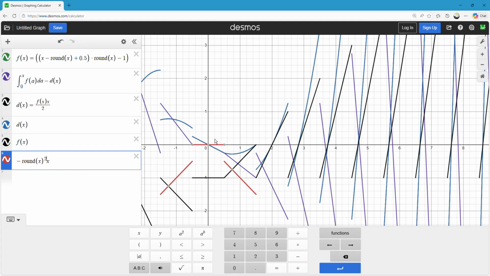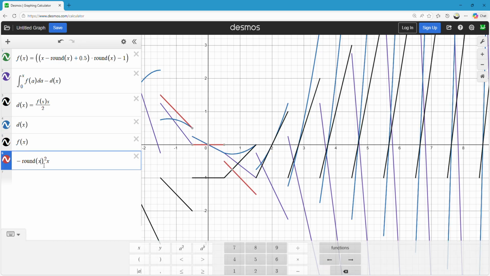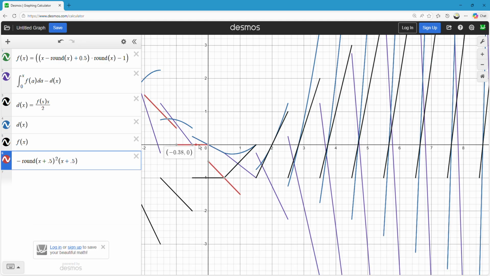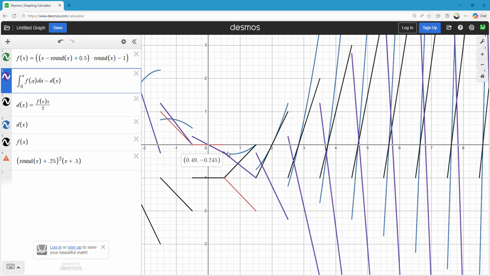No. Because this has to be at 0.5. Slope of this has to be an active number, meaning not 0.